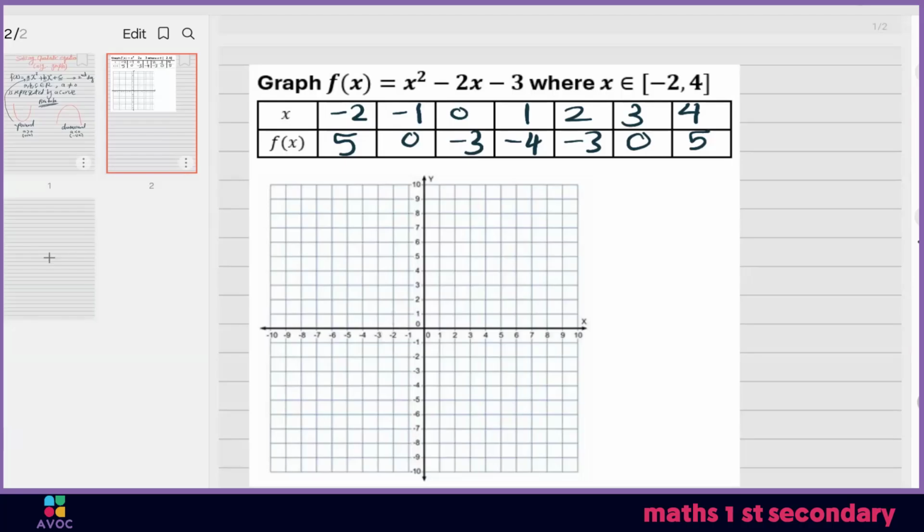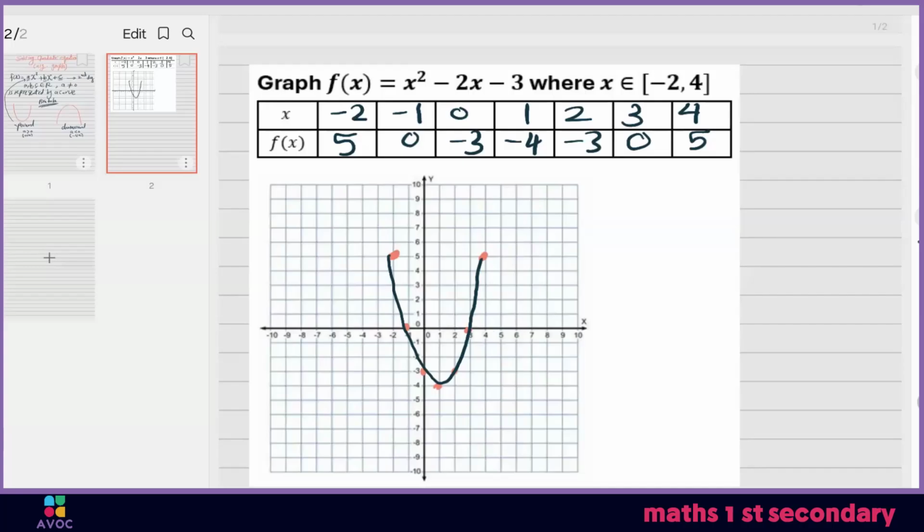Negative 2 and 5, look at this, here. Negative 1 and 0 here. 0 and negative 3 here. 1 and negative 4 here. 2 and negative 3. 3 and 0. 4 and 5. Now we will join the points after plotting them.